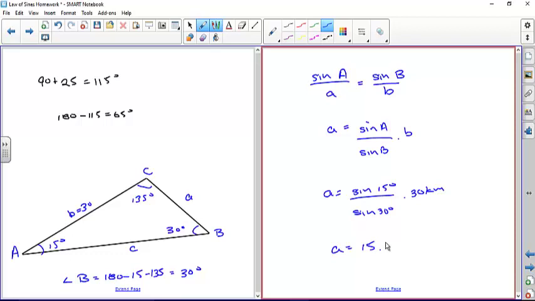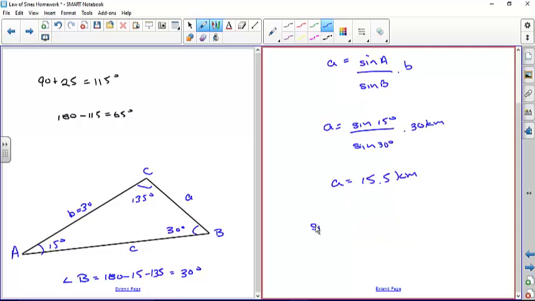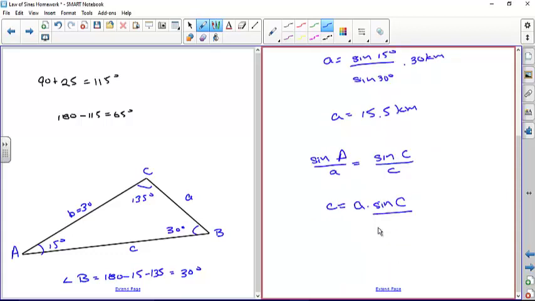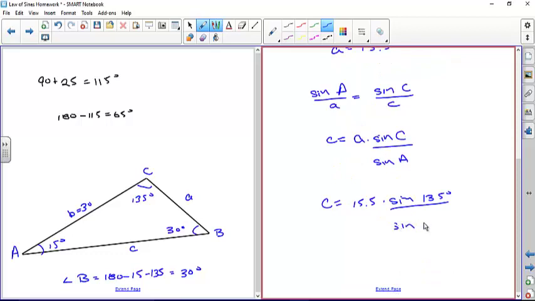15.5 kilometers. And then you can also do the sine of A over A is equal to the sine of C over C. So I can solve for length C. That's going to be equal to the length A times the sine of angle C over the sine of angle A. So C is equal to 15.5 kilometers, that's what A is, times the sine of C, sine of 135 degrees, divided by the sine of A, which is 15 degrees.